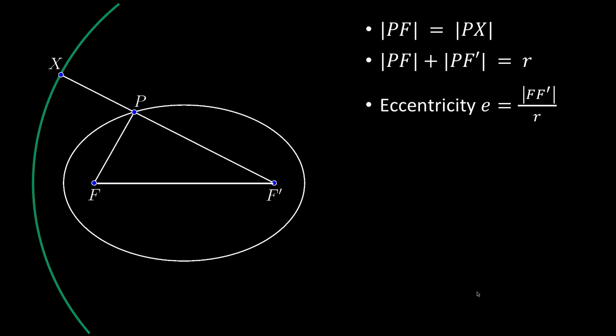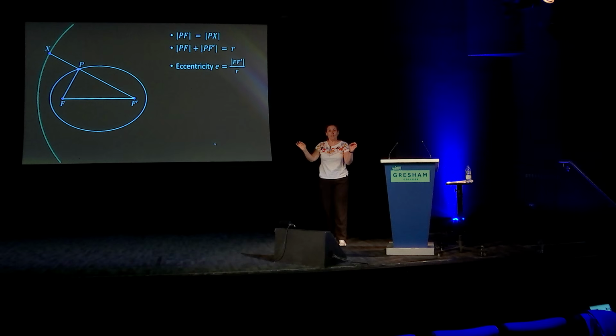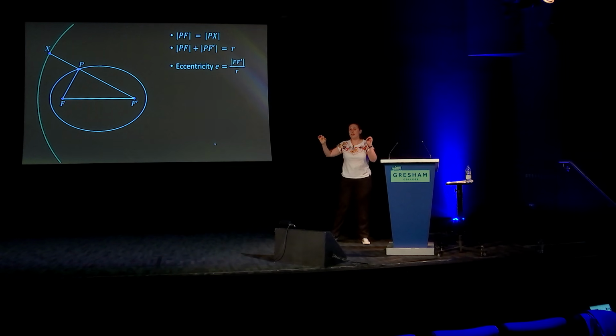Remember here, we've got our ellipse, and we've extended the line from one focus, f', out to a point x, so that px equals pf. Those points x lie on a circle whose centre is the focus f', and whose radius is r. And we've defined the eccentricity of an ellipse as the distance between the foci divided by our r, which is the radius of this circle.